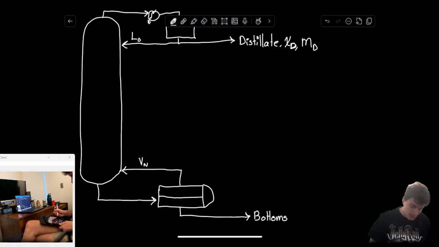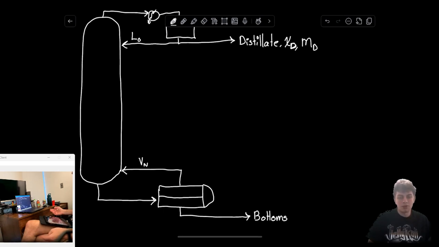So again, in this distillation column, we're assuming we only have two product streams. A lot of the time in distillation, you can have what they call side draws from the column, which just means product streams coming out from different trays. If you have a really big distillation column like a crude tower, a big piece of that is getting exactly the splits that you want.